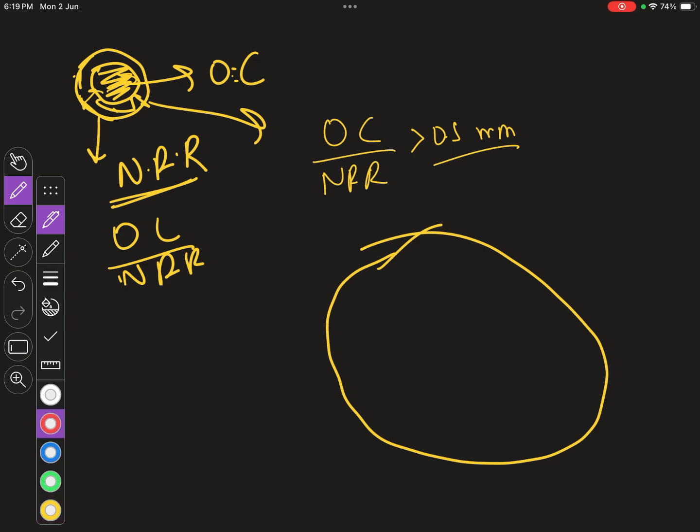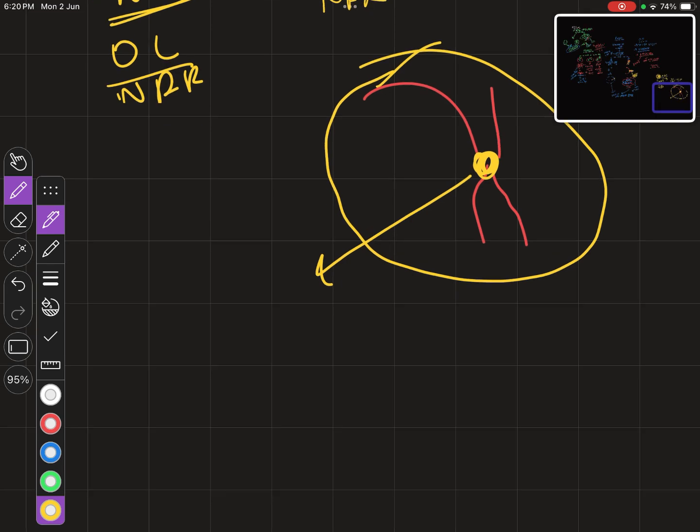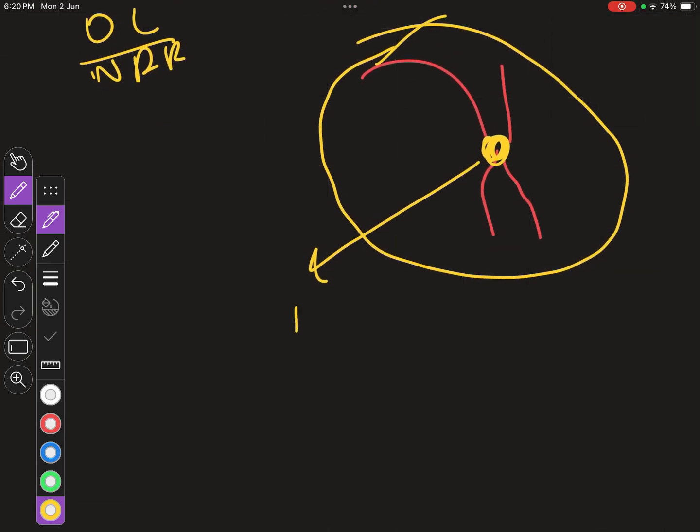If these are the blood vessels which are exiting out, as you see, and this is my optic disc. So what we see is that normally blood vessels are exiting out, the central retinal artery. But if we zoom in here, in fundoscopy, we see that the blood vessels are angulating very sharply, like a bayonet.